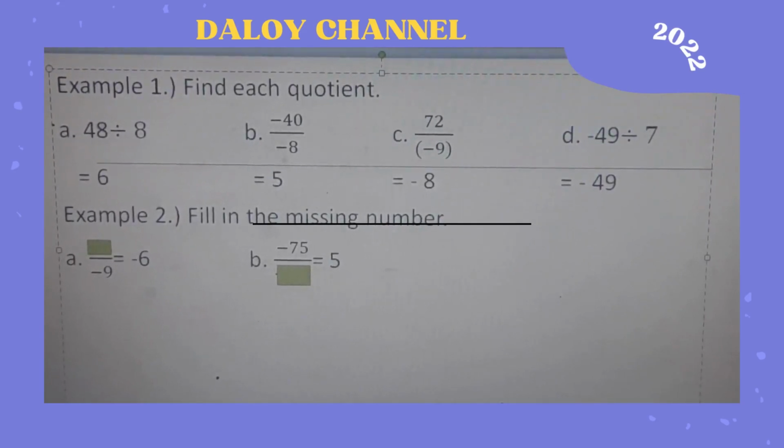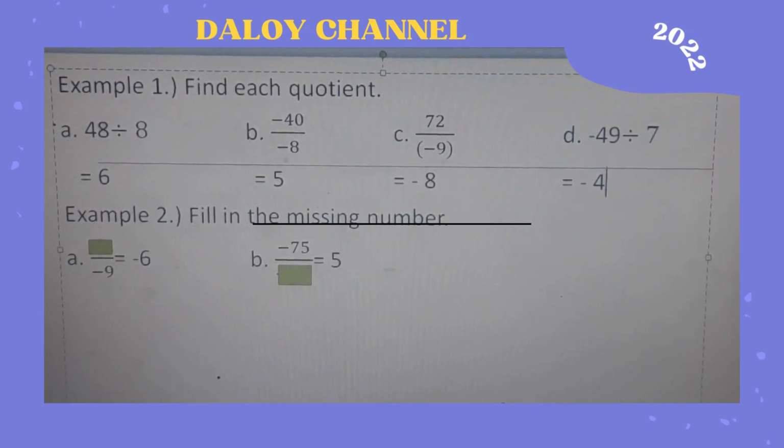To divide 72 by negative 9, since they are unlike signs, the answer is negative 8. And letter D, to divide negative 49 by positive 7, the answer is, we will correct it, it is negative 7.